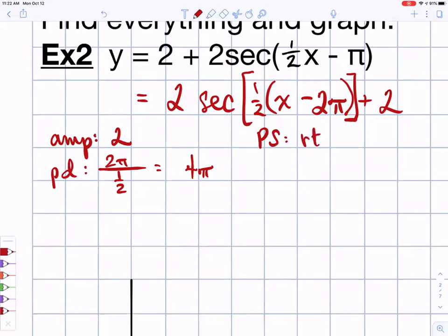To the right, 2 pi, and then the vertical shift. A lot of 2's in there. What graph are we actually thinking about from the beginning? The cosine graph. Yeah, the cosine graph.